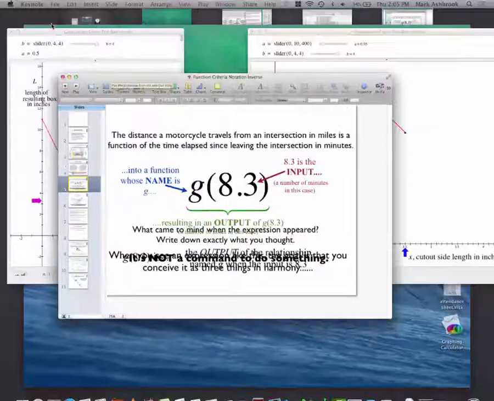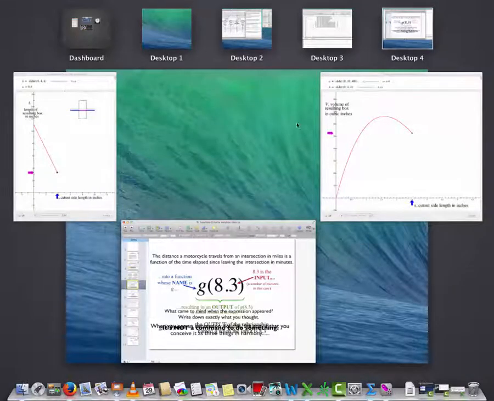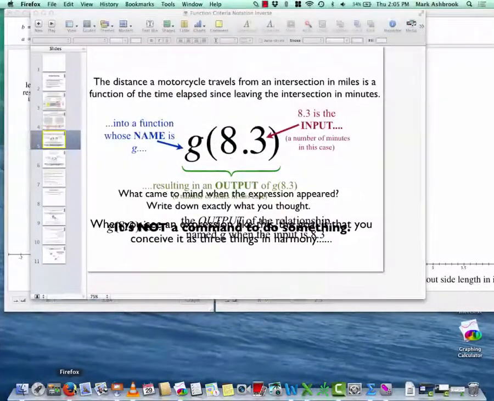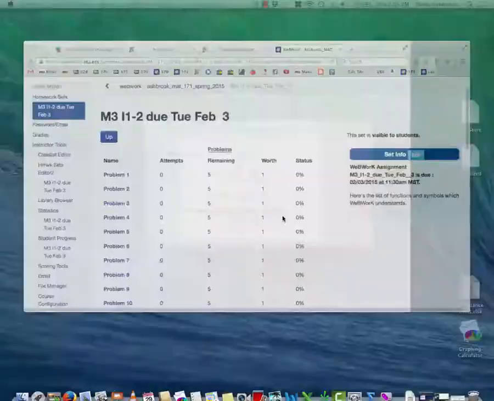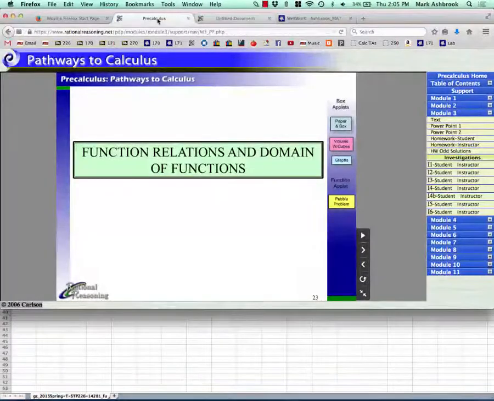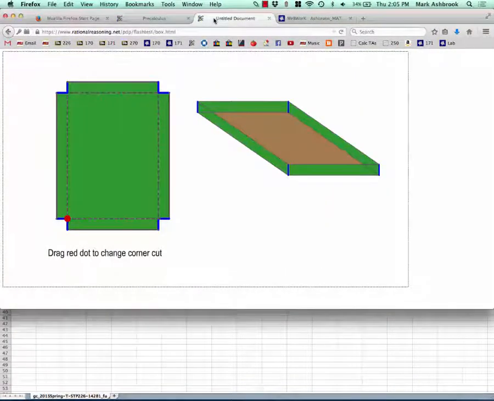Okay, so let's go back to our volume situation. If the input was the square cutout side length, I'll just write X, and the output is the volume of the resulting box in cubic inches.